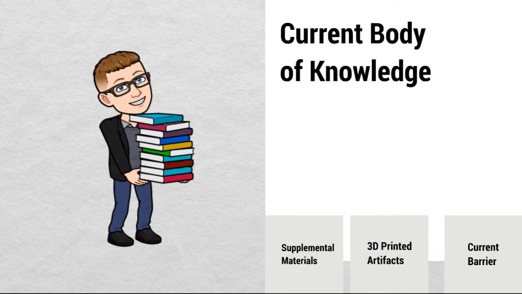When 3D printed artifacts were originally presented as part of supplemental materials, a lot of those 3D printed artifacts were in a binary state with a raised edge and a lowered value. This really didn't provide true representation of some of the values that needed to be represented that students that were non-impaired were getting.